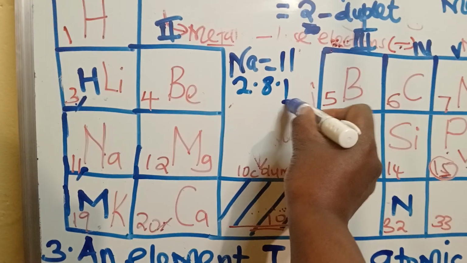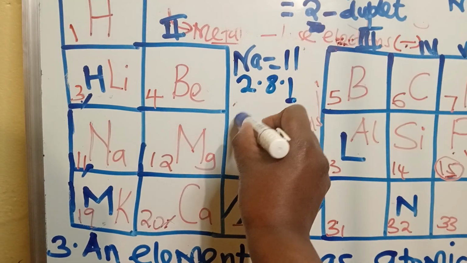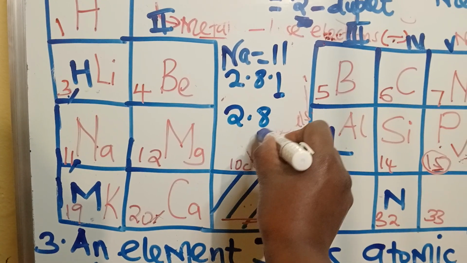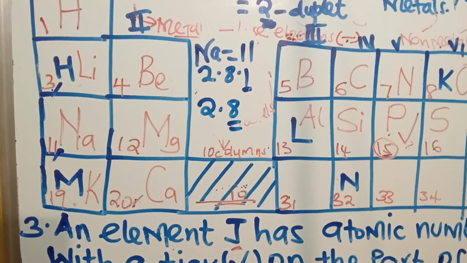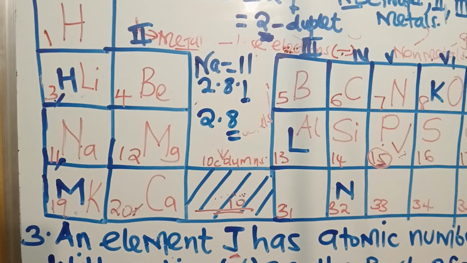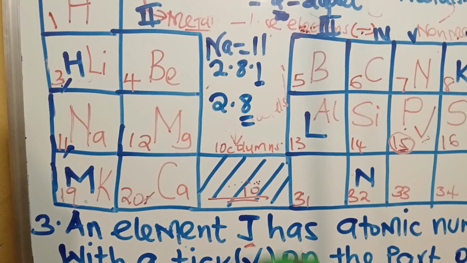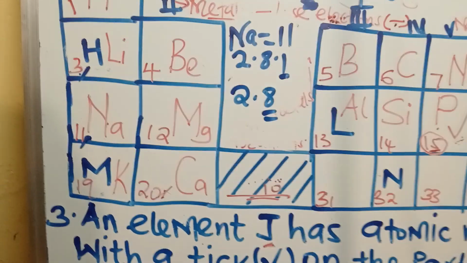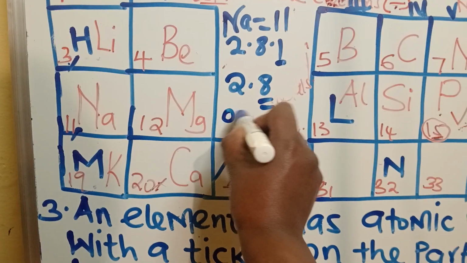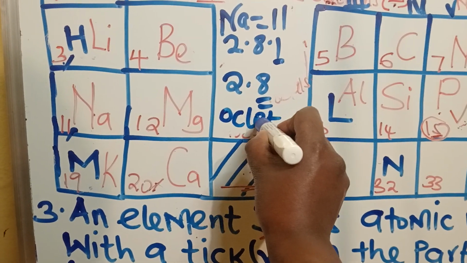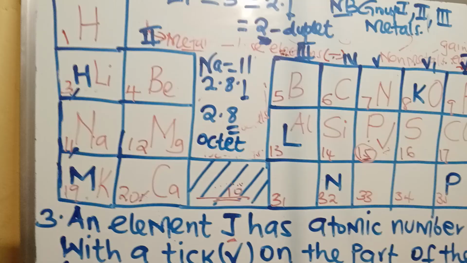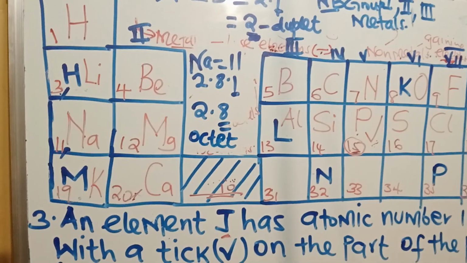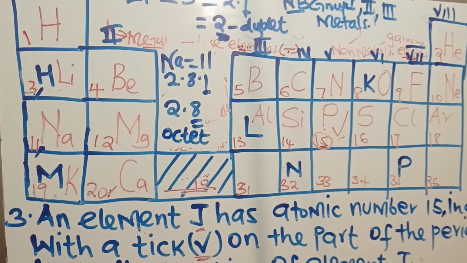When it loses the 1, it will end up with 2.8. You see this 8 that will be left in the outermost energy level. That is the other stable configuration that we call octet. This is an octet kind of configuration. So we usually have 2 types of stable configurations.